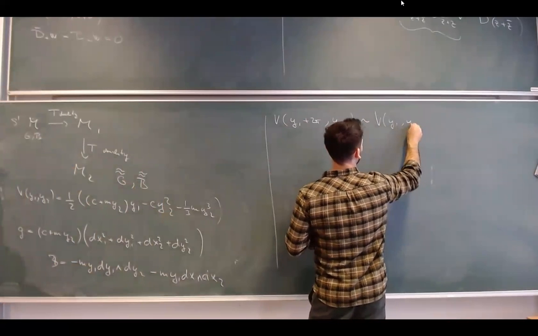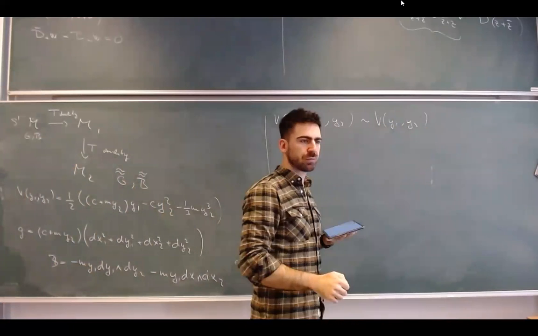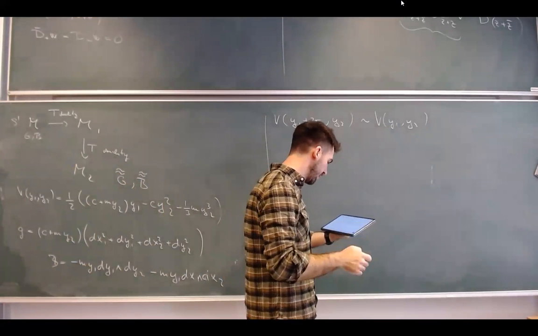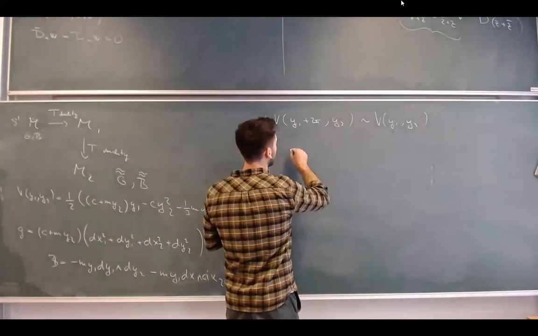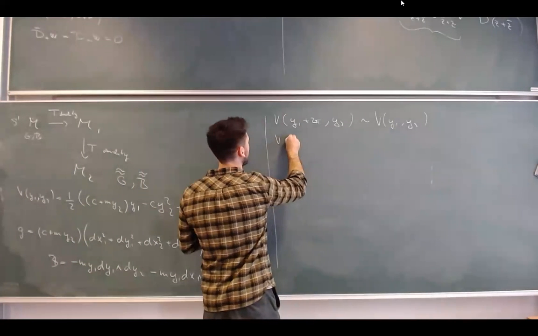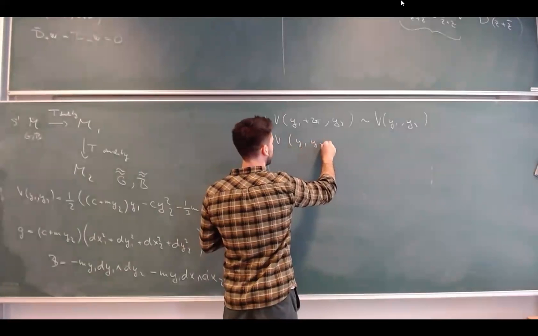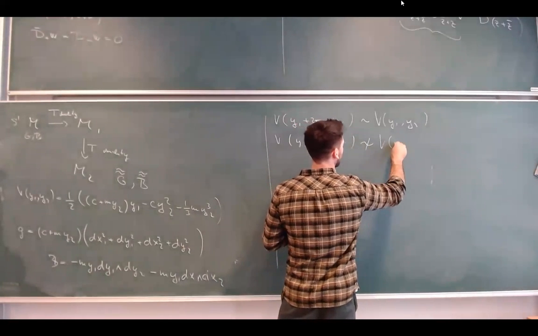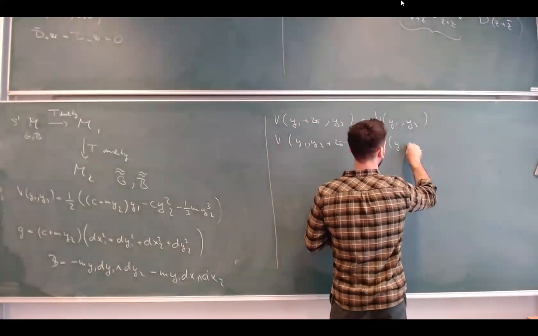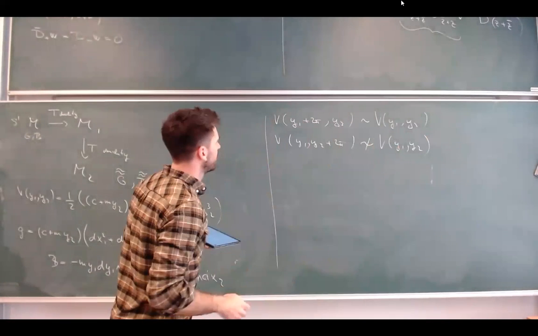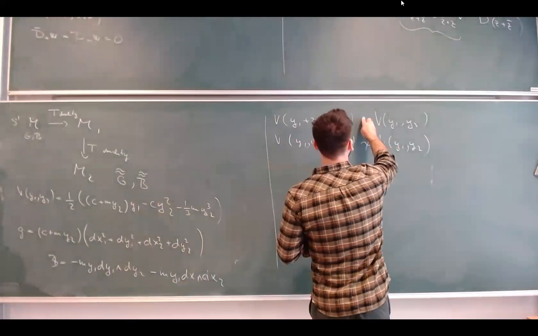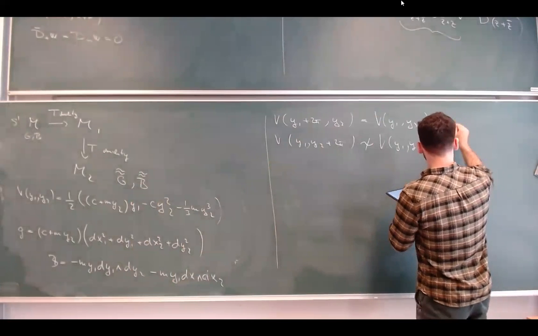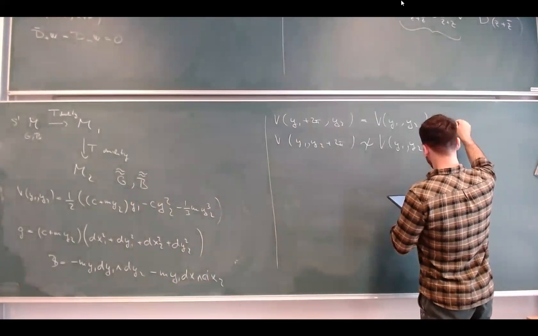Shifts in Y1 are okay, I think. It's Y2 which is not okay. So this one is not congruent. By that I mean this is this plus 2 pi.